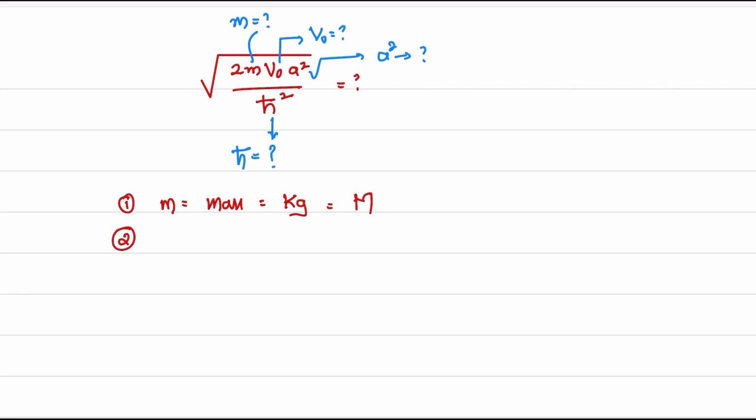And second one, V0 is the potential energy. You might have heard the names kinetic energy and potential energy.